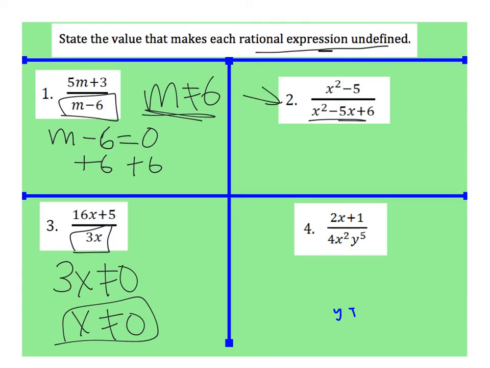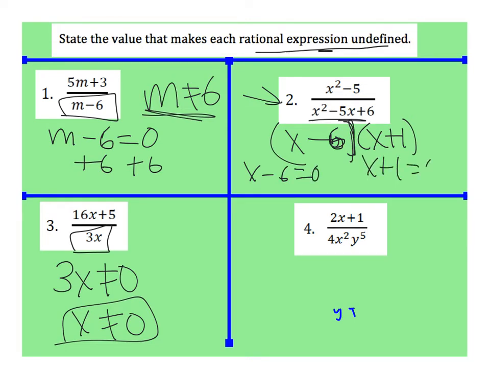I happen to know that that's going to be x minus 6 and x plus 1. So I'm going to set each part equal to 0. So x minus 6 equals 0, x plus 1 equals 0. So x cannot equal 6, and over here, x cannot equal negative 1.